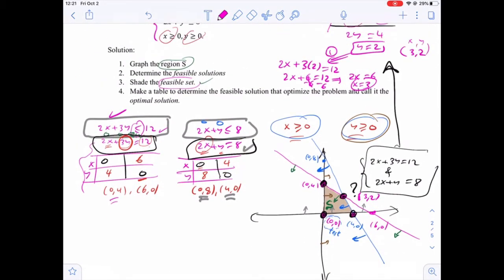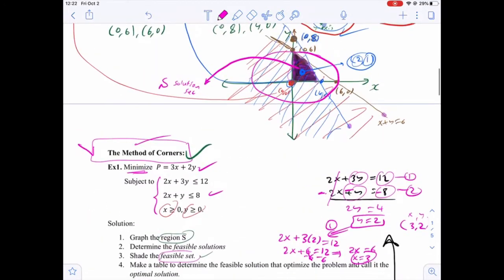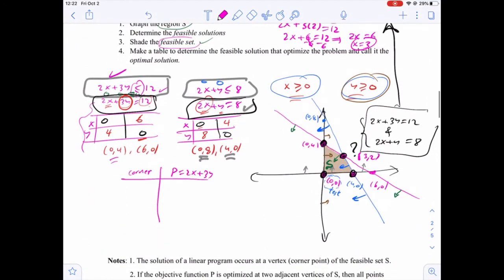Now, how do we determine which one of them? So we make a little table here, and here we put the point or corner, and the value P, 3x plus 2y.